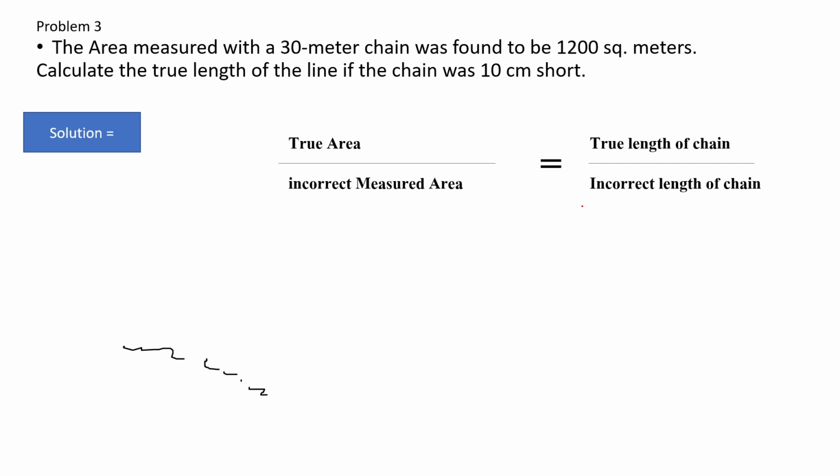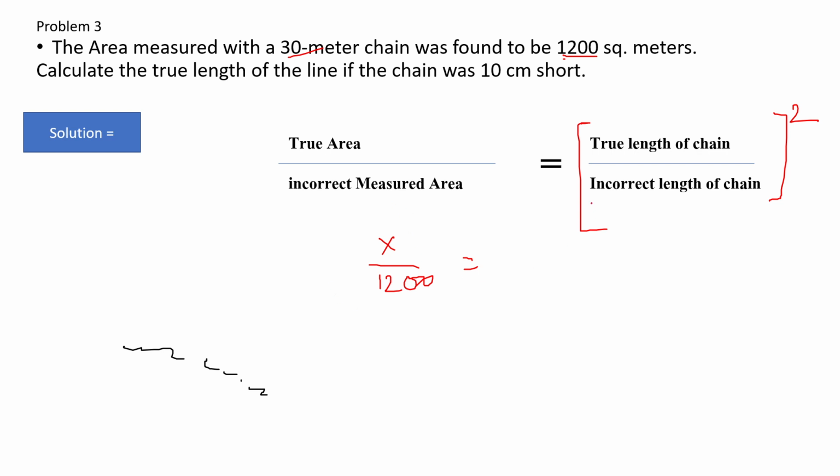Okay, the next problem is for area calculation. Here we have calculated the area using a 30-meter chain, and the area found is 1200. Calculate the true area. So the true area, which is x, divided by the incorrect measurement 1200, is equal to the chain ratio, where the power will be 2 for square meter area.